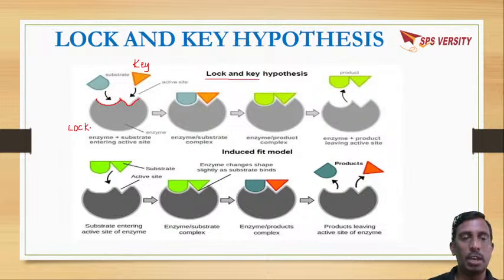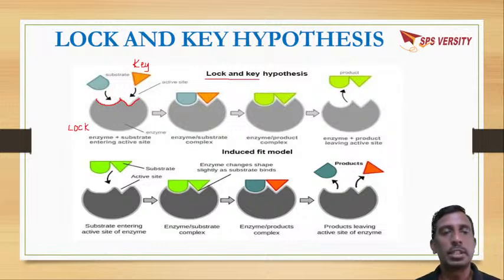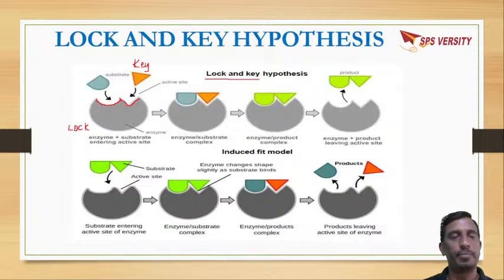So every lock will have a specific key. Without that key, the lock cannot be opened. In the same way, the enzyme will have a specific shape of active site into which the substrate will attach. After attaching of substrate, the reaction will proceed, and finally the product is formed. So lock and key says the shapes of substrates and active sites are rigid.